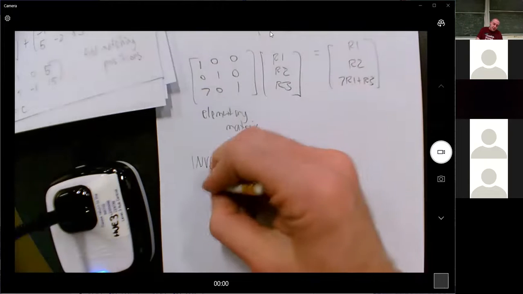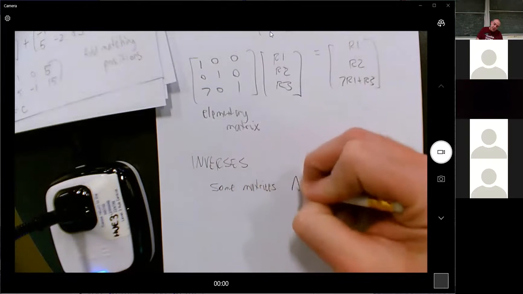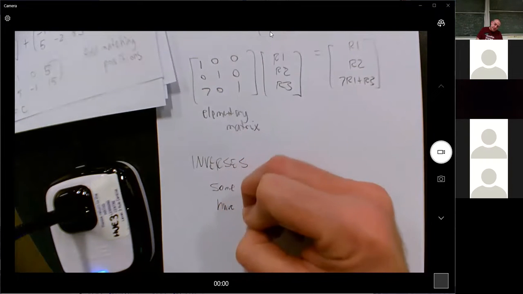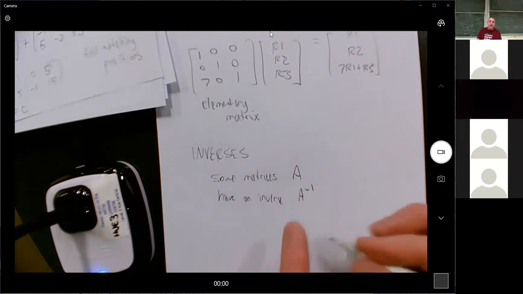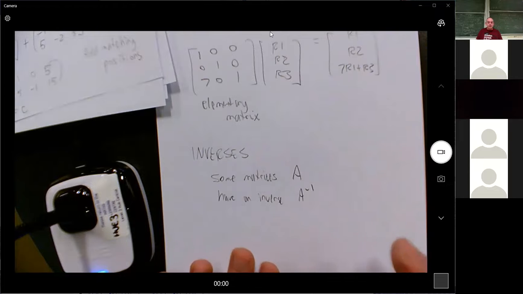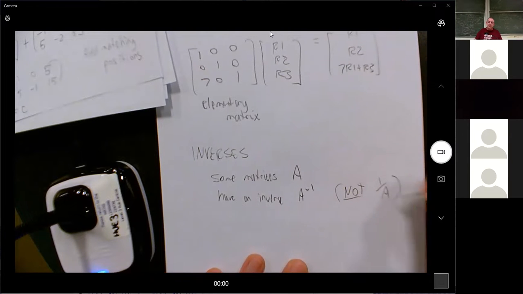So some matrices, let's call them A, have an inverse called A inverse, A to the power of -1, which is not the same as 1 over A. Don't be ridiculous.